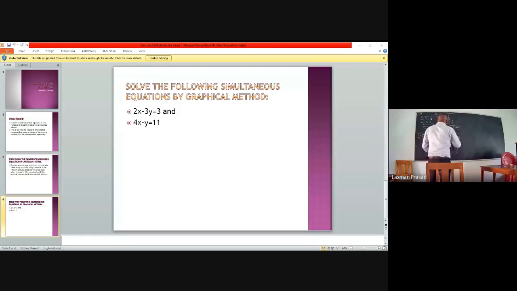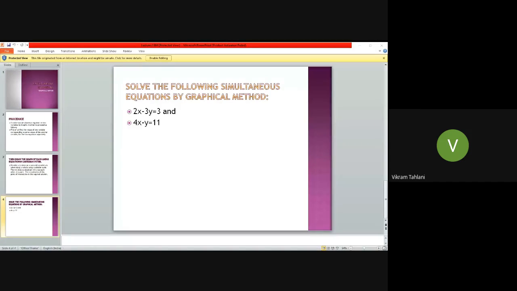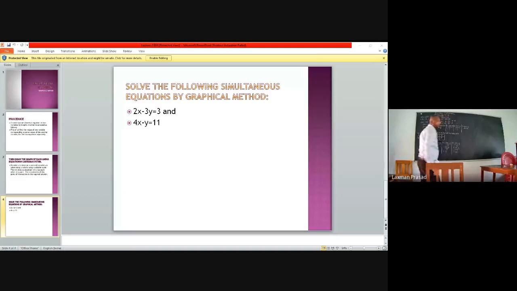And if the value of x is 6, then y equals 4 into 6 minus 11. 24 minus 11 equals 13.